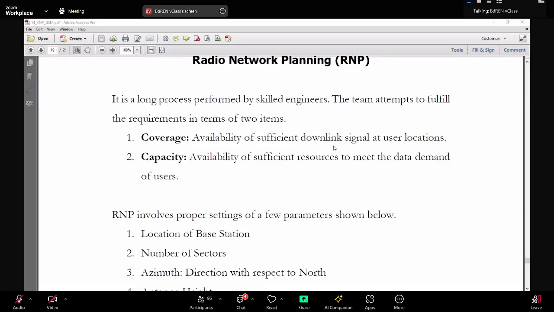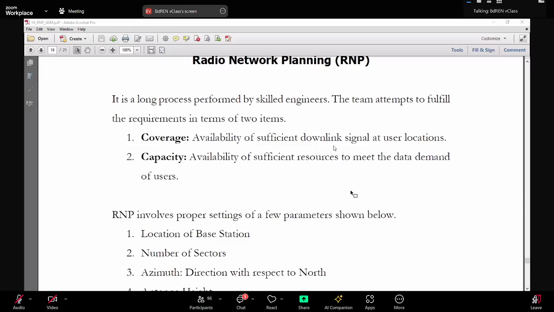I'm writing in the chat box coverage hole. Okay, so radio network planners have to be careful about any existence of coverage holes within the network. So in the coverage holes, the signal may be very poor or almost zero.